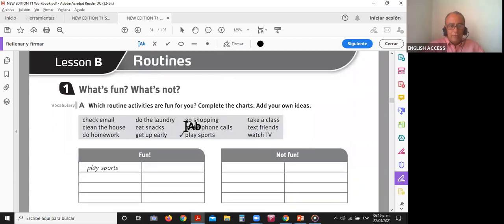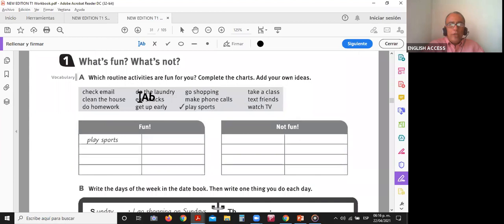Next activity, because this is just an example. Routines, lesson B. What's fun, what's not? Which routine activities are fun for you? You are going to complete the charts and maybe add your own ideas. For example, fun means that you are happy. Yay! Not fun, you don't like it.